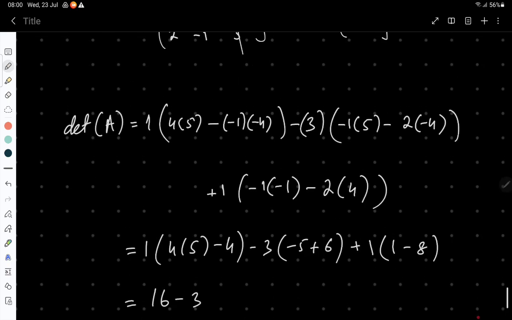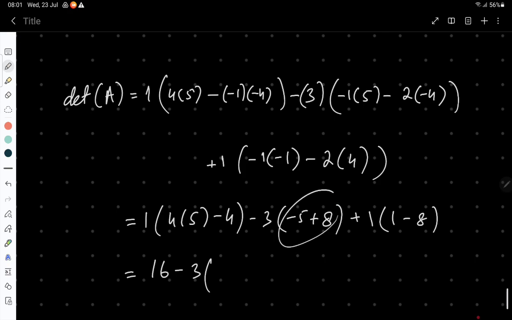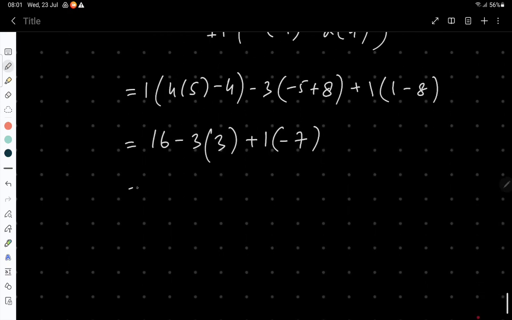Sorry, this is not 6. This is minus 3, you can check. This is minus 3. This is minus 5, and this is plus 8. 2 times 8. So this is 3 times 3. So plus 1 times minus 7. So 16 minus 9 minus 7, which is 0.